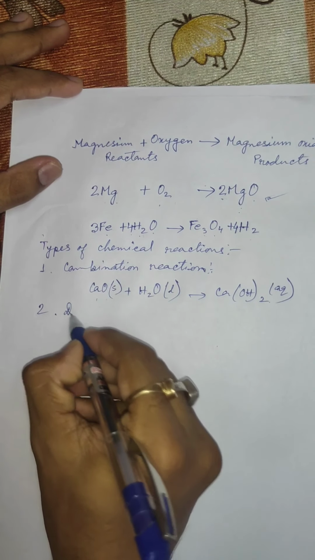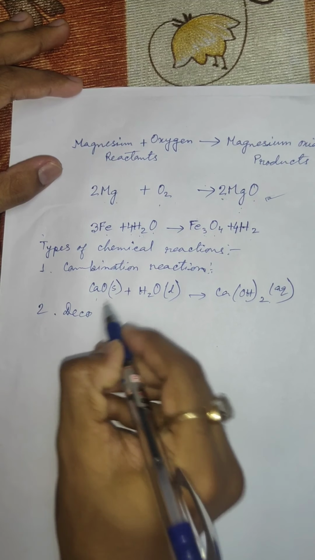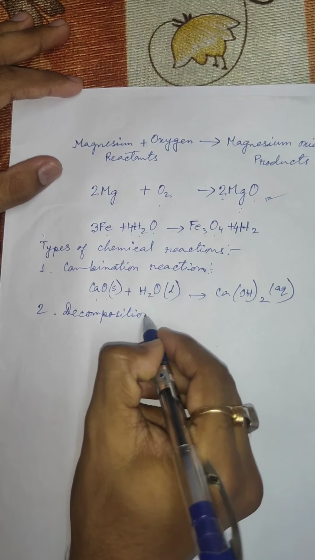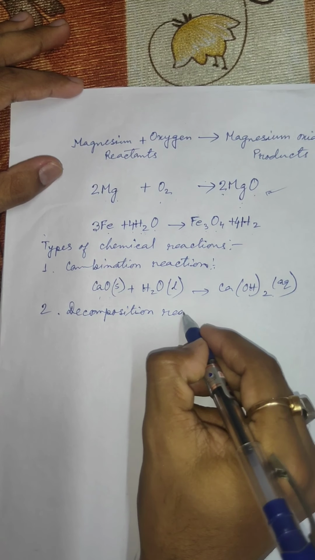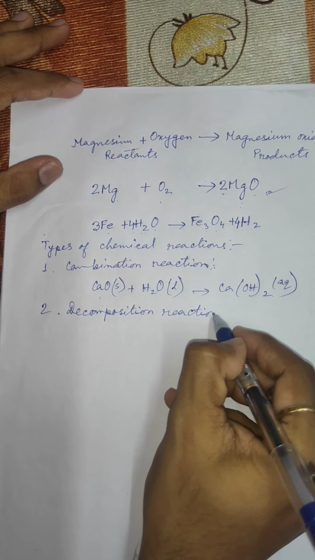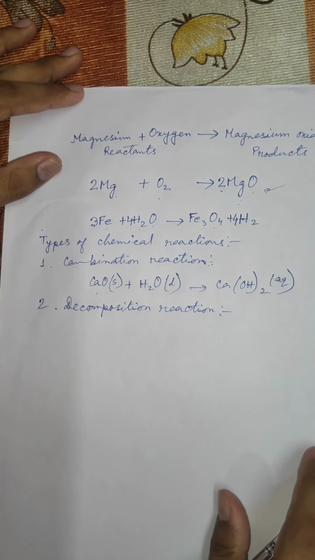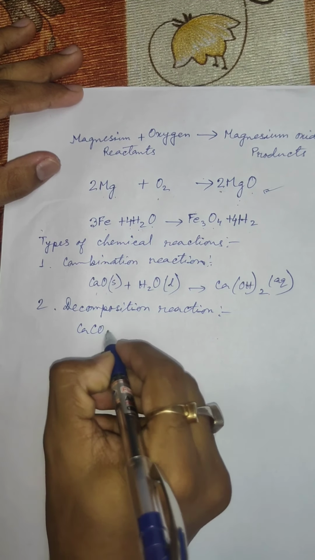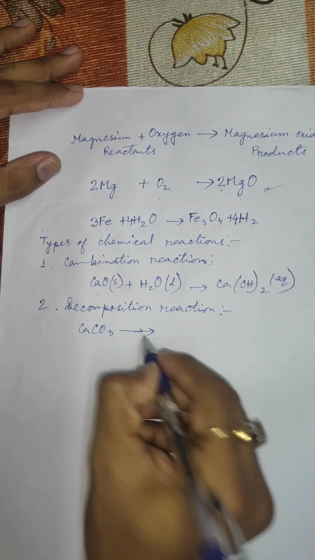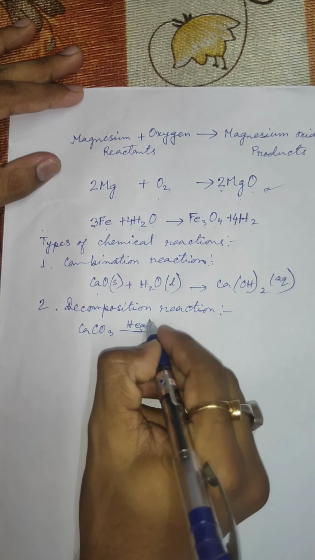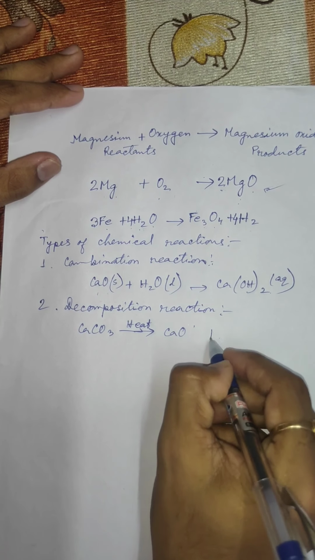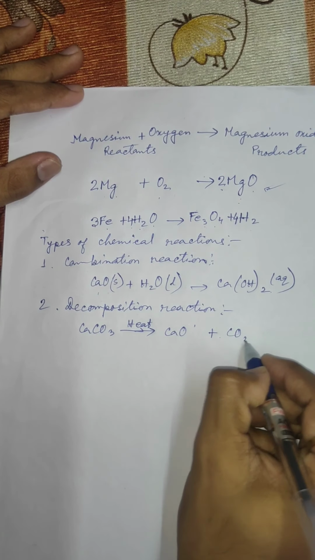For the decomposition reaction, we can take an example, CaCO3. When it is heated, it is broken into calcium oxide plus carbon dioxide.